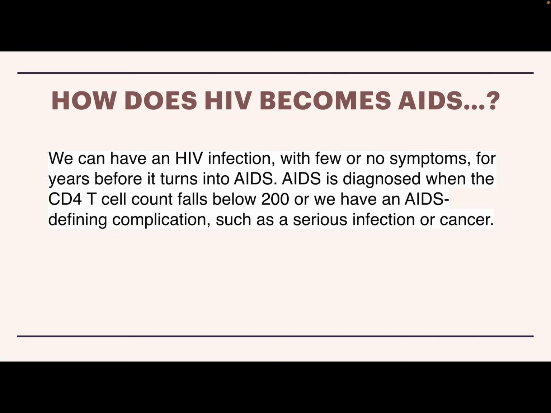The CD4 T cell or T lymphocyte cell is the count of the cells present in our body, which is mainly responsible for fighting any outside bacteria or any other outside substance that enters our body, and when it falls below 200, the HIV becomes so strong that it transforms to AIDS.